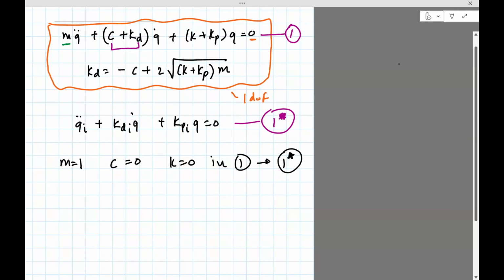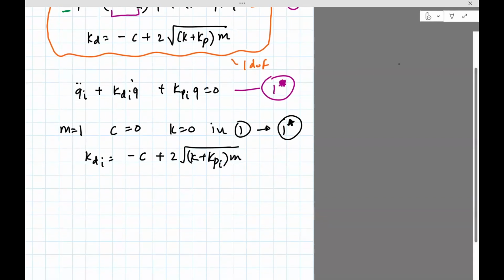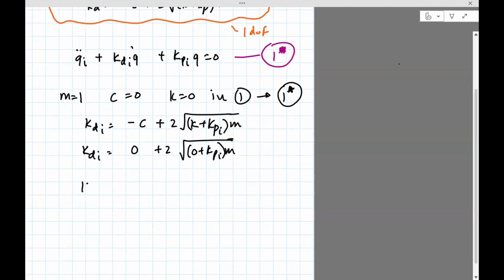Which means if you want to find KDi, it's minus c plus 2 square root of k plus kpi times m. That would simply be KDi equals minus c which is 0, plus 2 square root of k which is 0, plus kpi m. Okay, which means that your KDi is simply 2 square root of m times kpi.